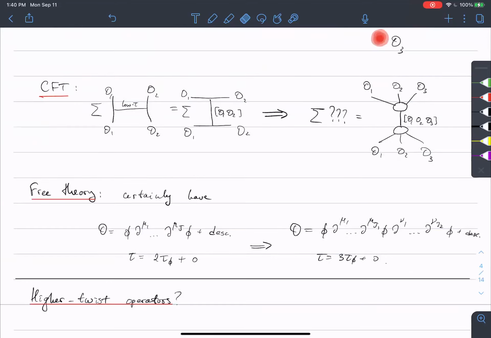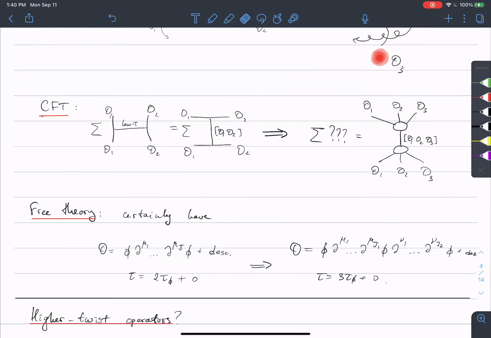I have a question. For the 3-point function, three operators going to 3 operators, how do you do the crossing relation? How do you construct the S-channel diagram corresponding to this T-channel diagram? I think the answer is I don't know.